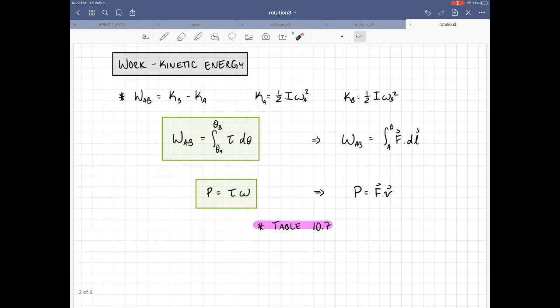So there is a table in the book, table 10.7, on page 523.